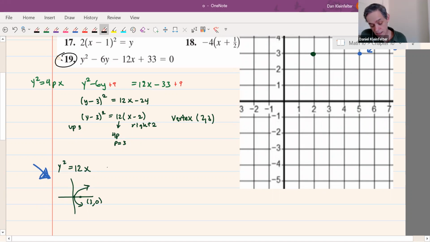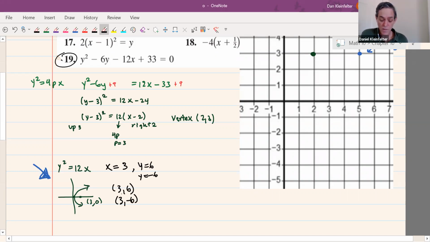So a perfect square I can think of that would have 12 as a factor would be like 36 actually. So if I take x to be 3, then 12 times 3 is 36. And so y could be 6, right? Y could be 6, y could be negative 6.